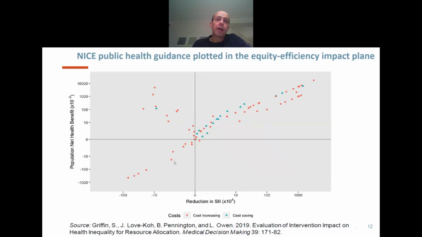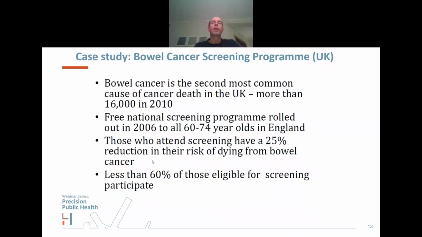But then we also have a number of interventions that are indeed cost-ineffective, and they harm equity. So hence we would not recommend funding those. So this is an interesting way of illustrating that.